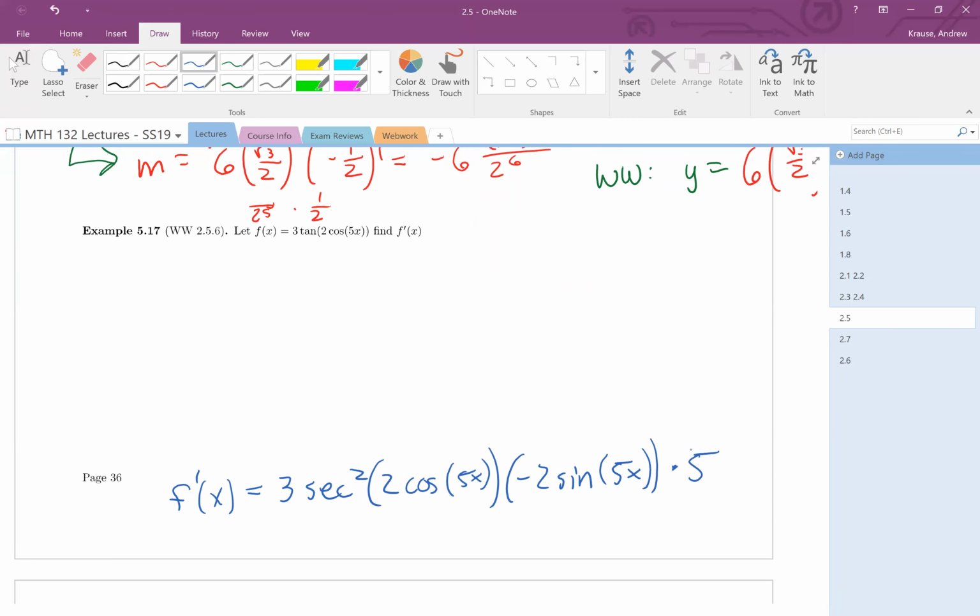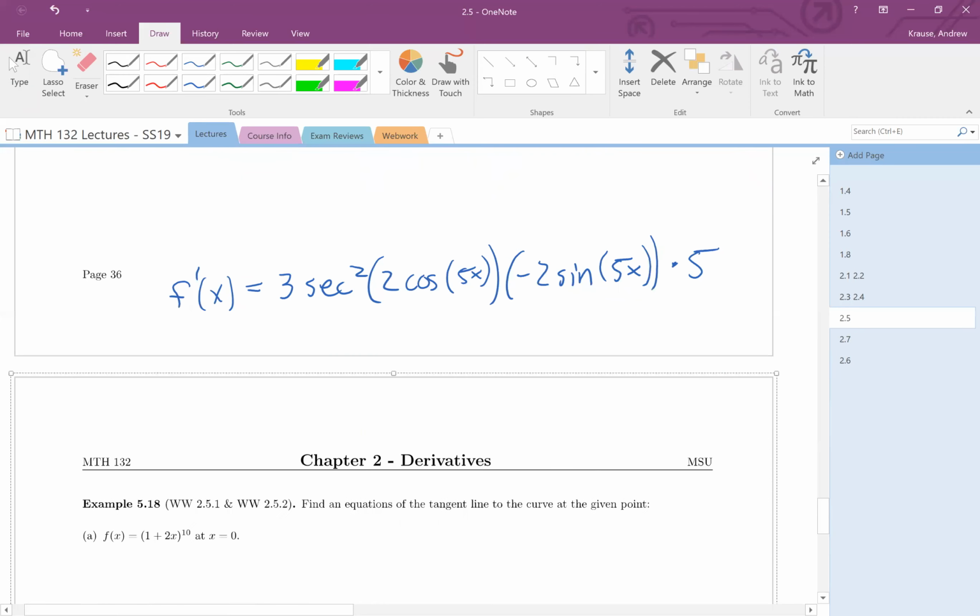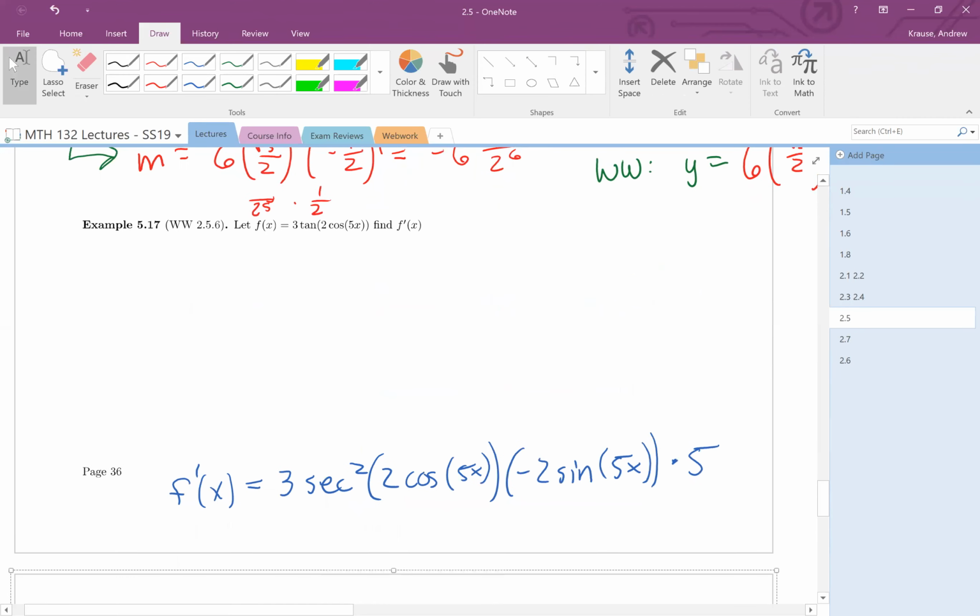All right. So let's figure out how that made sense. I'm not gonna write out all of the functions. I'm gonna just write them in different colors as we go throughout this. So if I'm looking at this, the first derivative that I'm taking is going to be that outside tangent function.